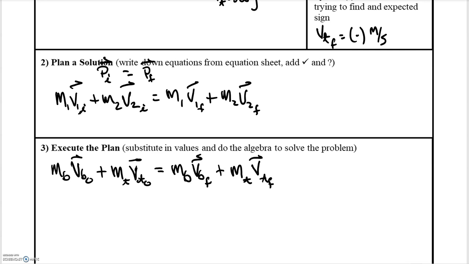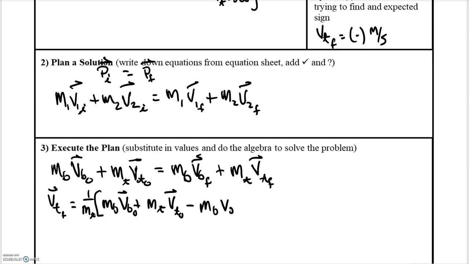Separating that out and getting it on its own, v_t sub f is equal to 1 over the mass of the target times the mass of the bullet times the initial velocity of the bullet plus the mass of the target times the initial velocity of the target minus the mass of the bullet times the final velocity of the bullet.